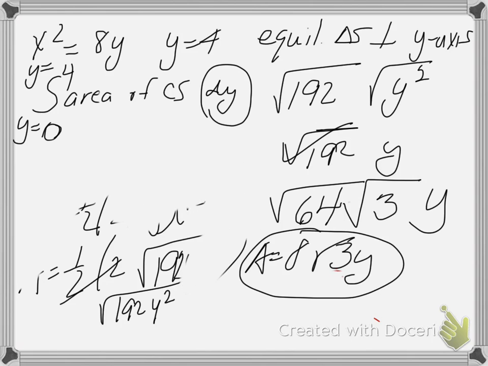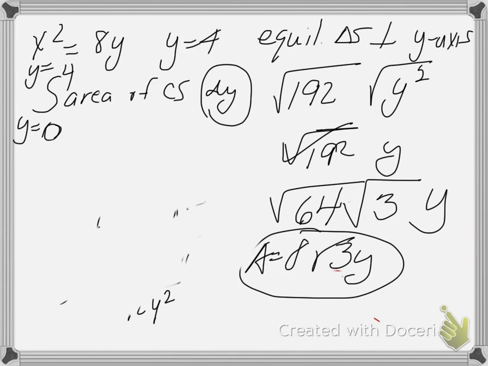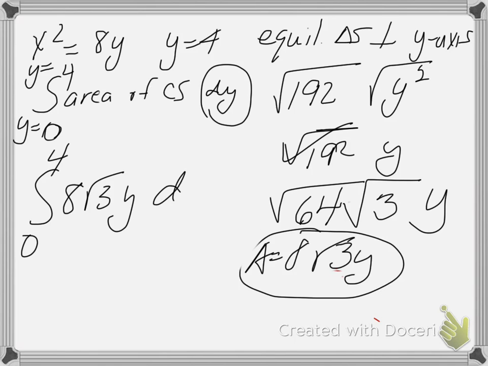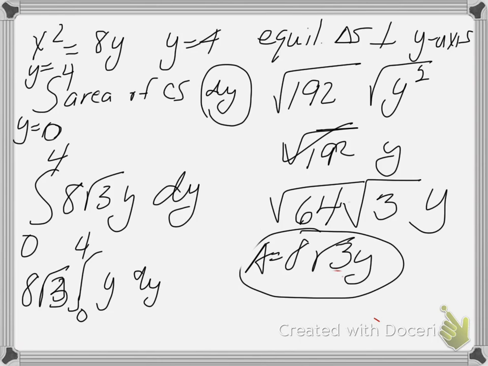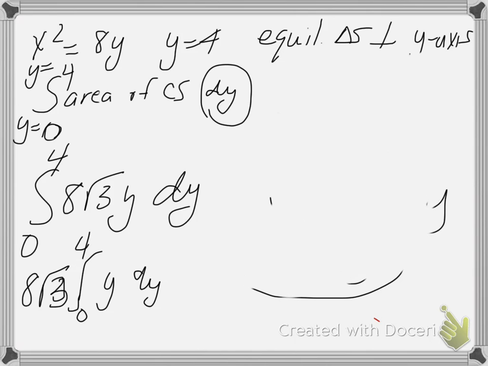And I can substitute everything into my integral. Okay, so I have the integral from 0 to 4. The area is 8 radical 3y, and it's all dy. So I'm going to use that rule that allows me to pull the constant out. And I'm just left with y. Okay, so I'm going to get 8 radical 3.